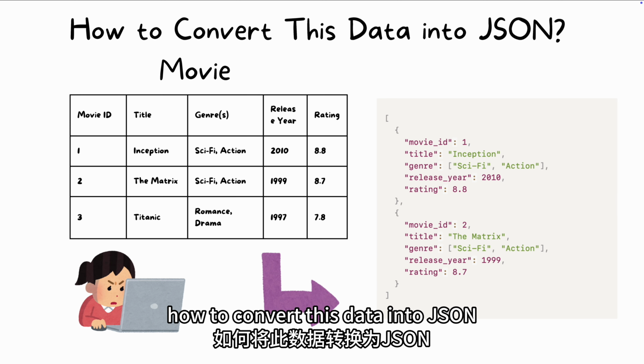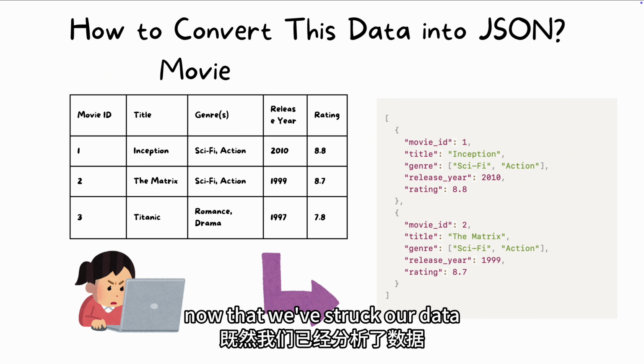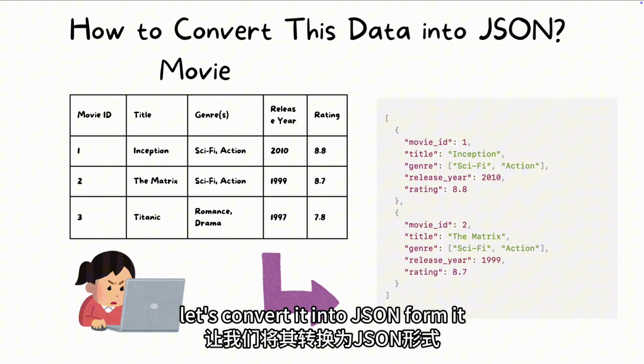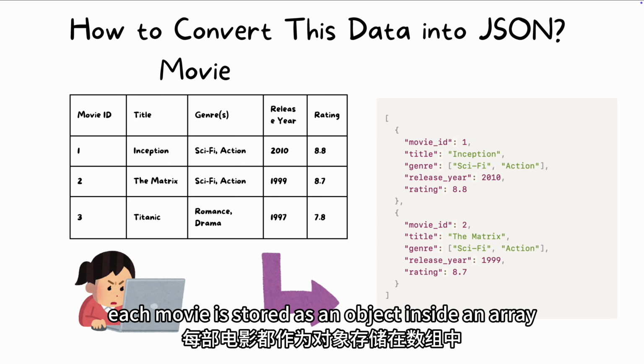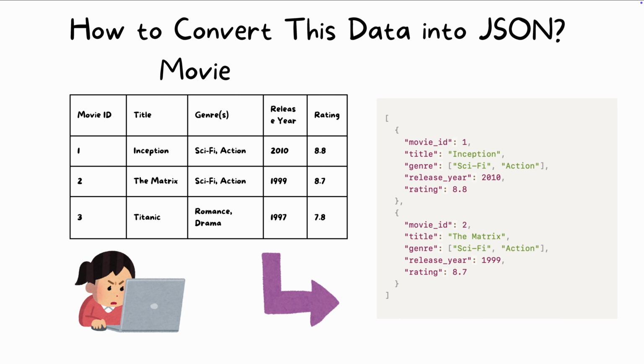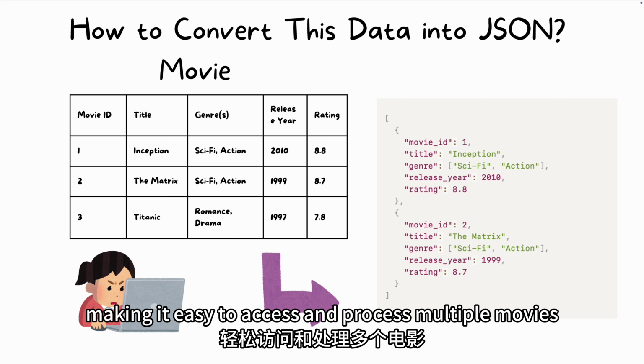How to convert this data into JSON? Now that we've structured our data, let's convert it into JSON format. As you can see here, each movie is stored as an object inside an array, making it easy to access and process multiple movies.